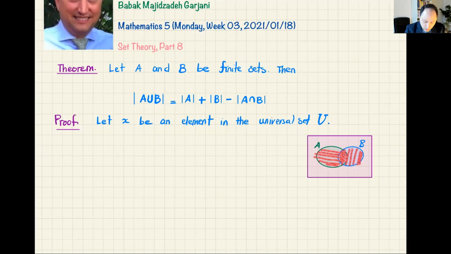But when I want to talk about the union, I need to consider all the parts inside A and B. But you see that this part is counted twice because it has been hatched both horizontally and vertically. But my goal is to count it once. So I take one of them that I counted extra. And that's the formula.